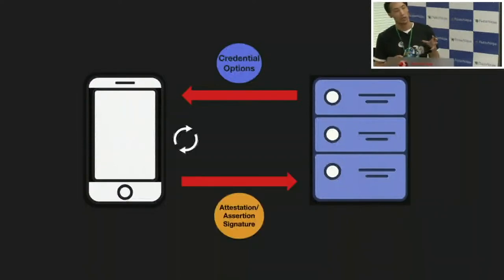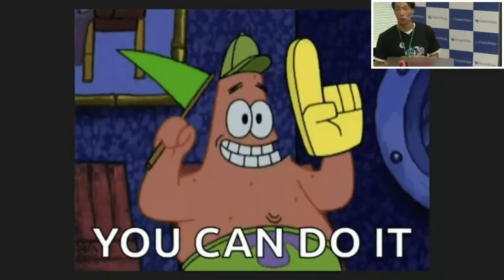If you abstract them, it just comes down to creating the credential options, sending them to the client side, doing something on the client side, and returning the signatures back to the server. So while passkeys might seem very complicated and difficult, it is actually a very simple flow. I just wanted to emphasize that. So I think you can do it now.